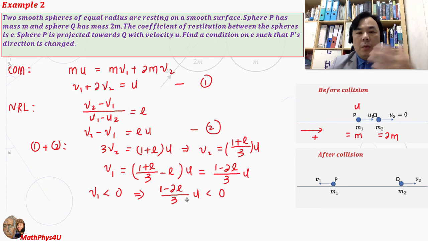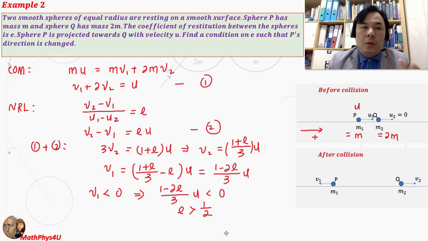If you arrange it properly, e will be greater than a half. That will be the condition on the coefficient of restitution for P to be able to change direction.